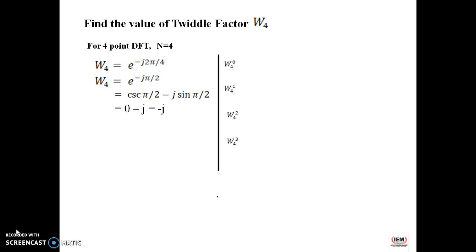So here Kn varies from 0 to 3. Then the capital W value varies from capital W0 to capital W3. That is W04, W14, W24 and W34.